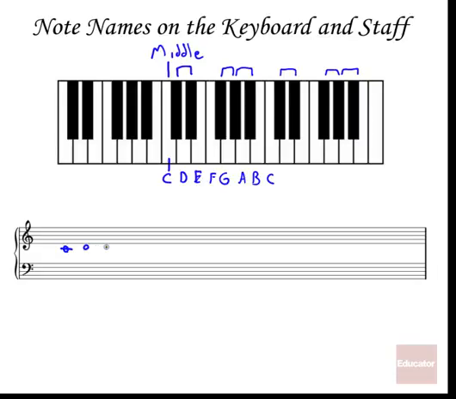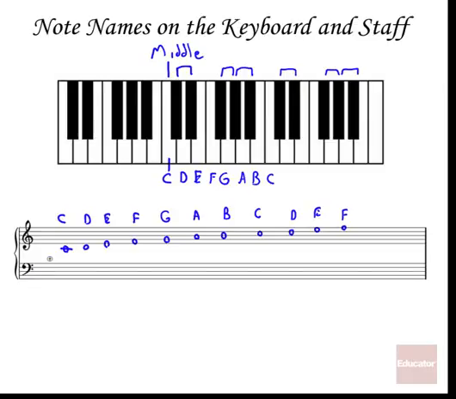So here's C, here's a D, here's an E, here's an F, here's a G, and then A and B. And of course, we can continue this forever. So C, D, E, F.